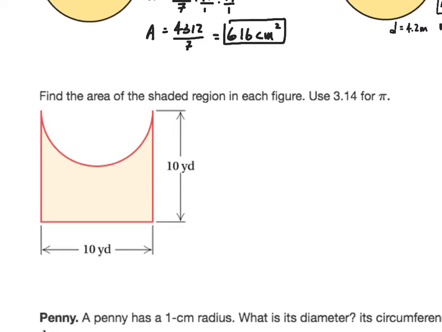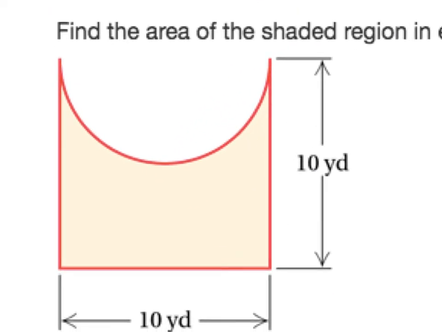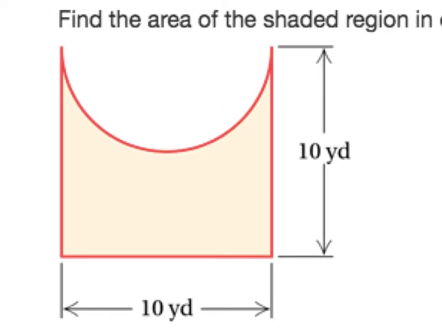On this one, it says find the area of the shaded region in the figure. So I'm going to zoom in on this figure and think about the dimensions. What I have is a square, a 10 by 10 yard square with a half circle cut out.